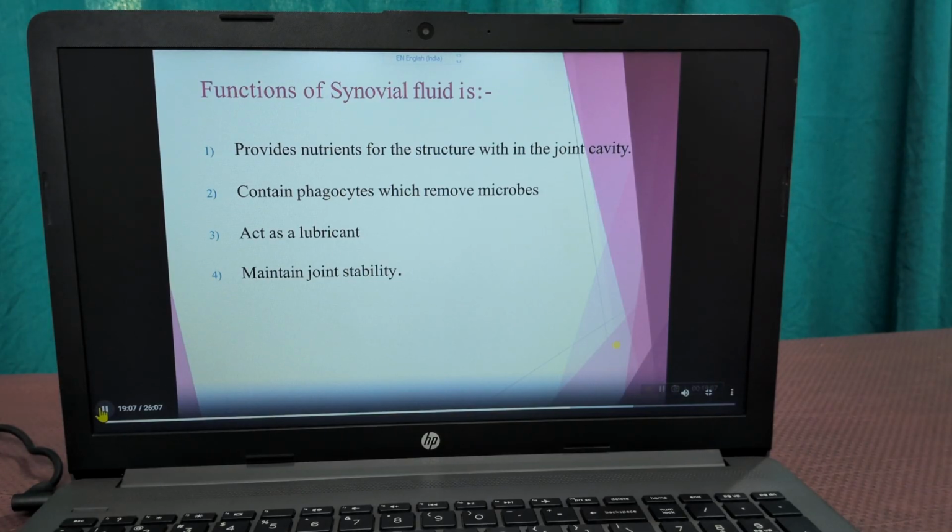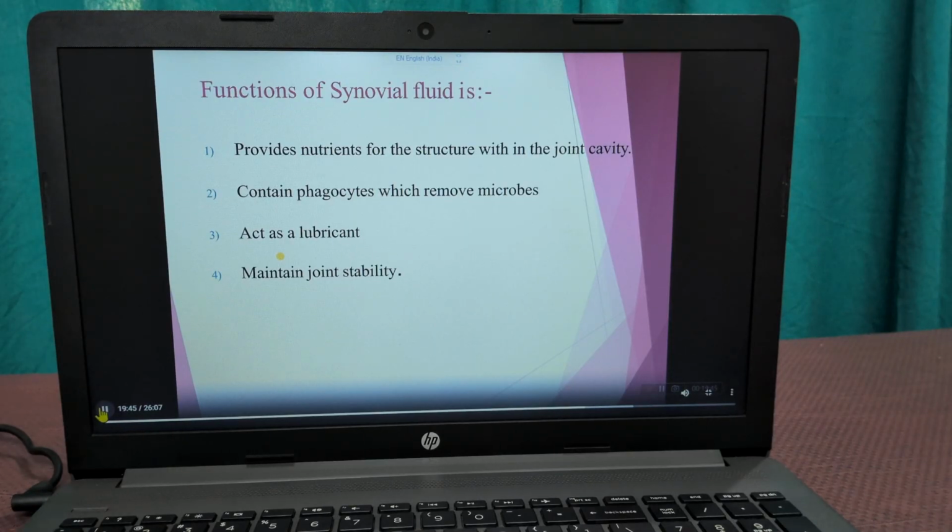So let's see what the functions of synovial joints are. What functions are performed in our body by this particular type of joint? It provides nutrition for the structures within the joint cavity. They contain phagocytes which remove microbes by engulfing them.